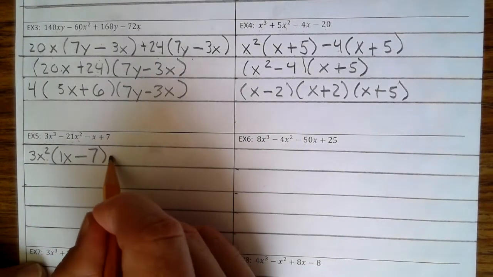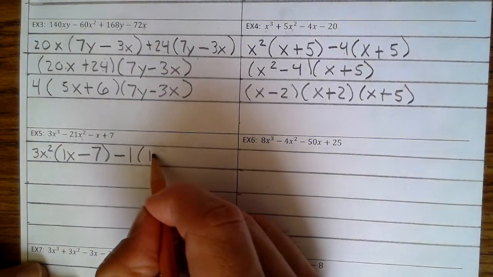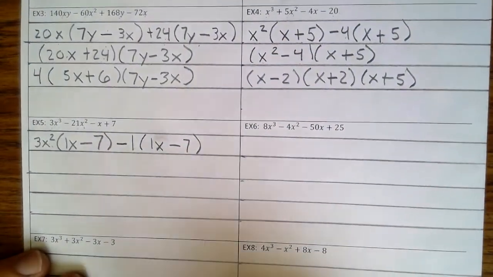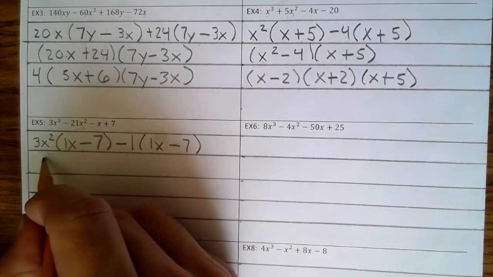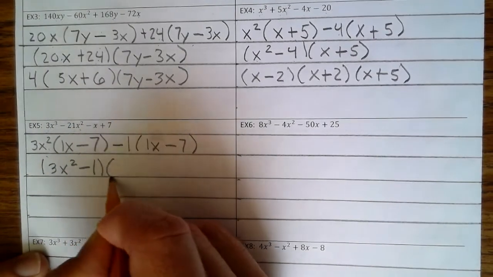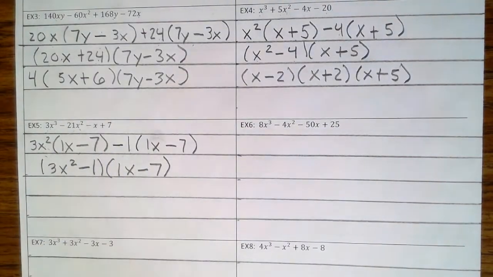And then it looks like here we can factor out a negative 1, which leaves negative x divided by negative 1 is 1x, and 7 divided by negative 1 is negative 7. These are the same, so we can group these together. So that's 3x squared minus 1 times 1x minus 7. There's nothing else you can do, so that is factored by grouping.